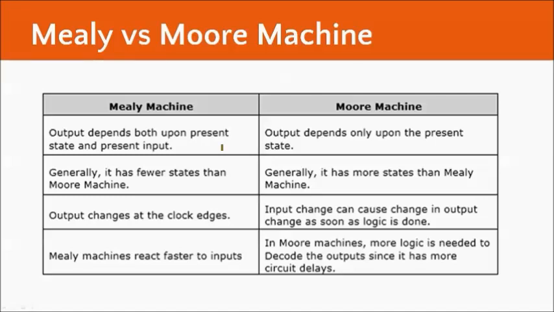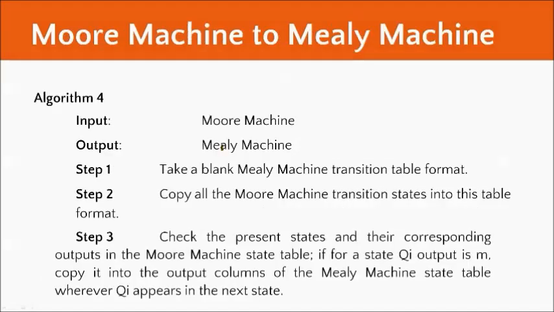In the Moore machine, an input change can cause an output change as soon as logic is done. The Mealy machine reacts faster to inputs. In the Moore machine, more logic is needed to decode the output. So that is the summary of comparison for the Mealy and Moore machine.